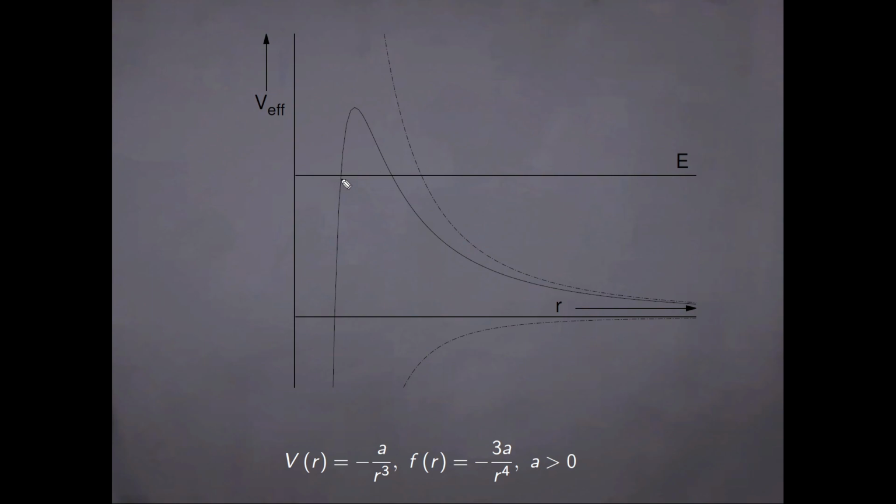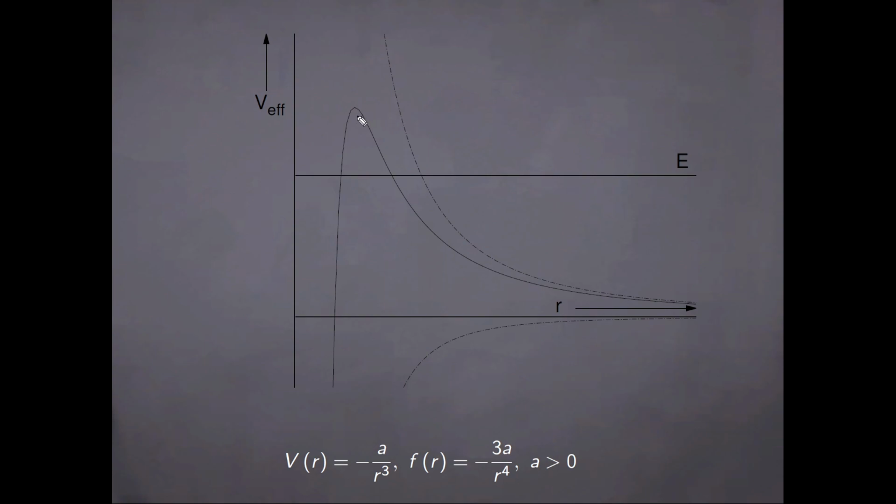But for an initial radius that is smaller than the corresponding value here, the orbit is unstable, and the particle will collapse on the center of force. And obviously, initial conditions that would find the particle inside the barrier are not possible classically, as they would correspond to imaginary values of the velocity.